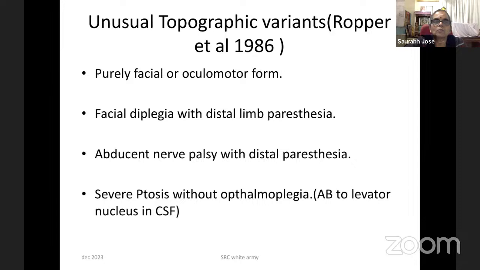And based on the topography, there are purely facial or oculomotor forms, like the upper limb form, lower limb form, Miller-Fisher form. Very focal forms, facial diplegia, pure abducens nerve palsy, can all be manifestations of focal atypical demyelinating neuropathies.